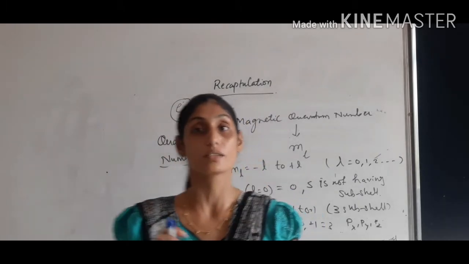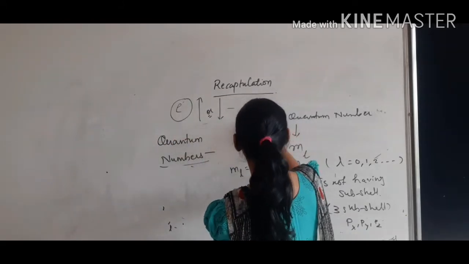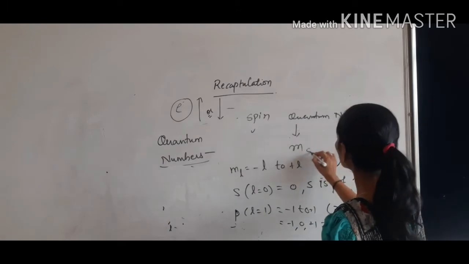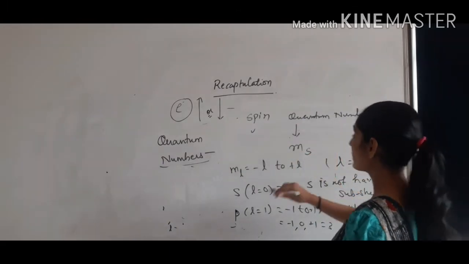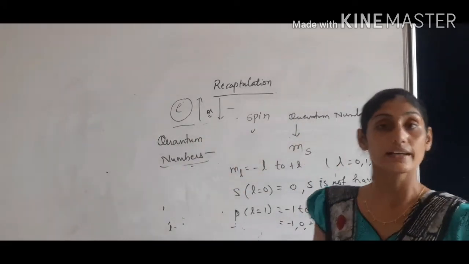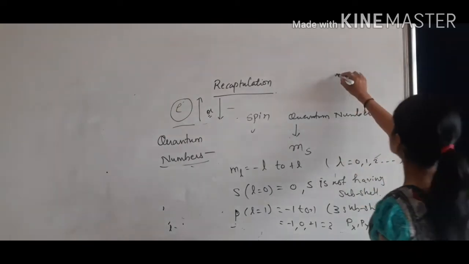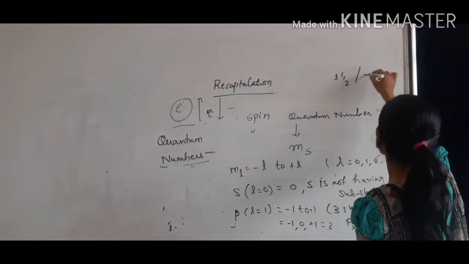So when we talked about the spin quantum number, यहाँ पे जो लास्ट वाला क्वांटम नंबर है स्पिन क्वांटम नंबर, it is denoted by ms, not ml, and it tells us about the orientation of the electrons that are present in the orbit. They are having a plus half sign and minus half sign.